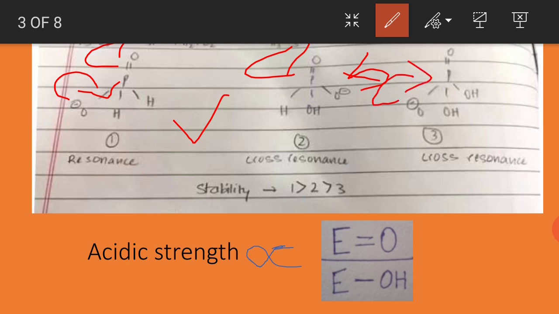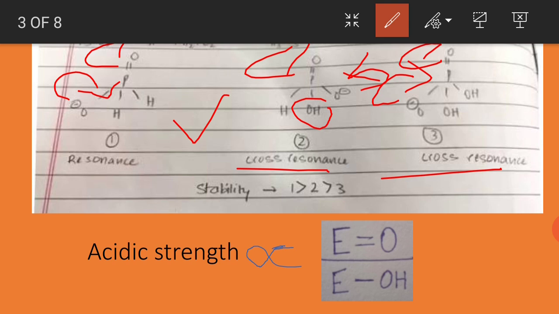But in these two cases there exists a cross conjugation also. Why? Because of this oxygen's lone pair. This oxygen's lone pair also participates in the resonance, but it cross conjugates the resonance, due to which the effect of resonance decreases.